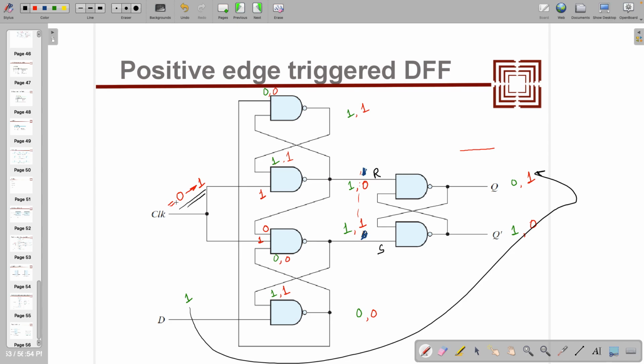Now what if I am not changing this one, and if I change, okay, before going to that, let's change this 1 to 0.